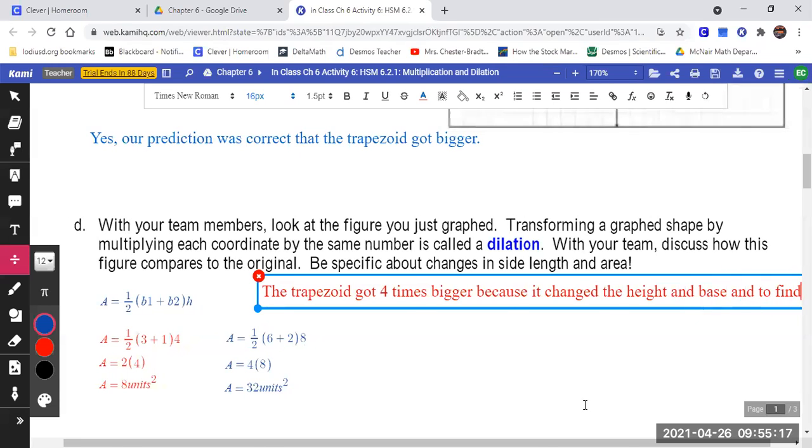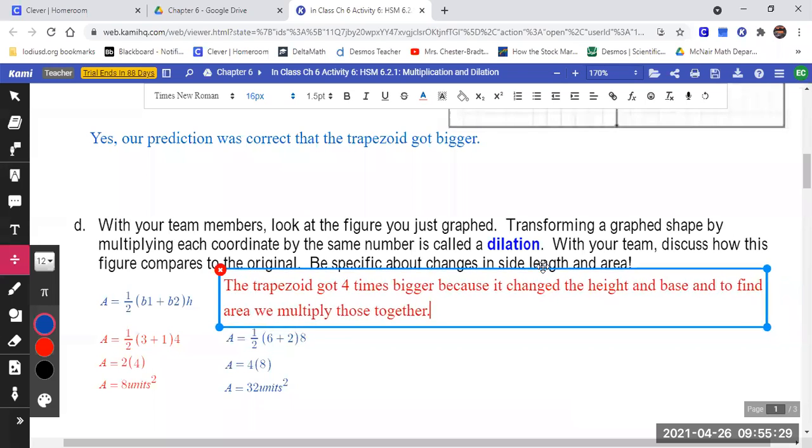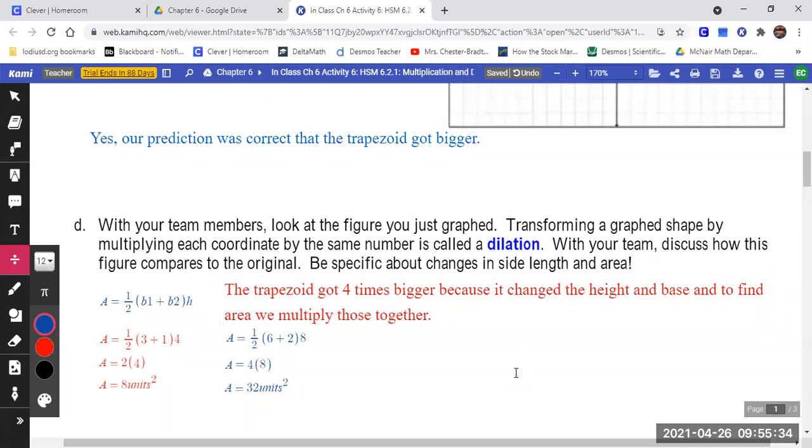And to find area, we multiply those together. Okay? The height and base are multiplied together, no matter what our shape is. Our triangle is still base and height, but we have to times it by half to make it the triangle rule.